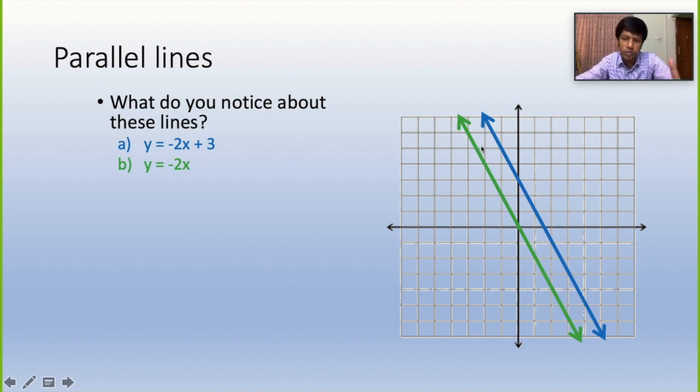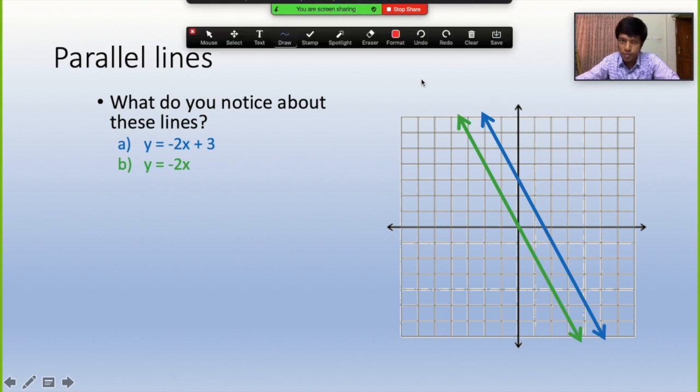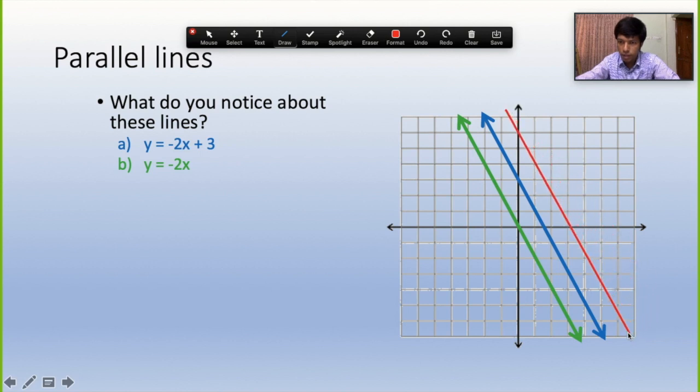And one very important thing about parallel lines is that the slope of both lines is the same and they have different y-intercepts. You can see, if I draw another parallel line here, just an approximate parallel line, let's put it somewhere down here.